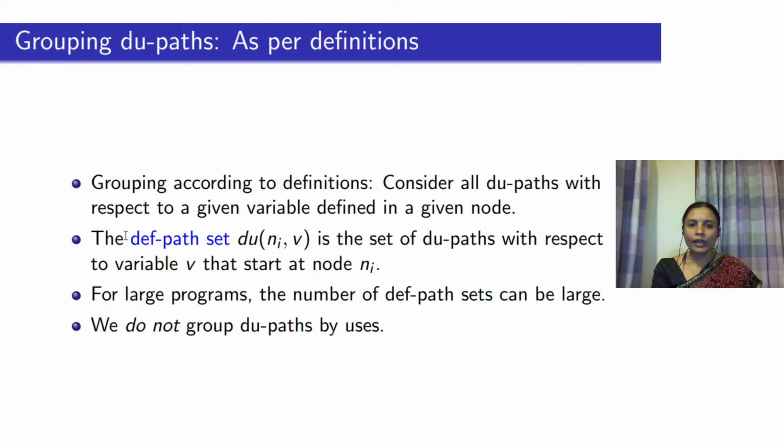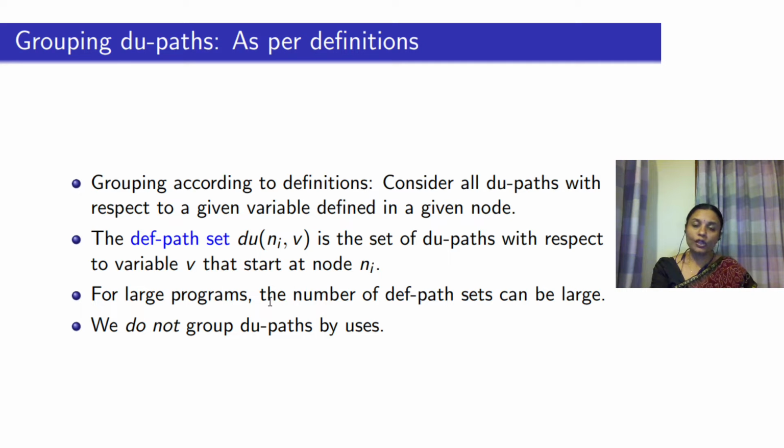We call this a def path set, short form for definition path set, written as DU(ni, v), the set of all DU paths with respect to the variable v that start at this node ni. We had already fixed the variable v, and we are considering all the DU paths for v that begin at the node ni.